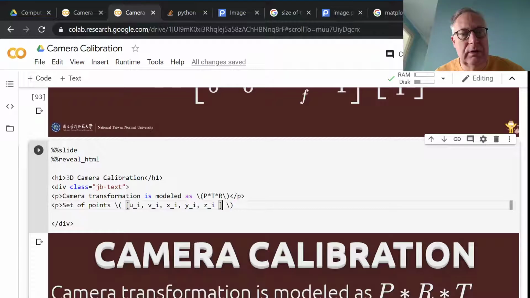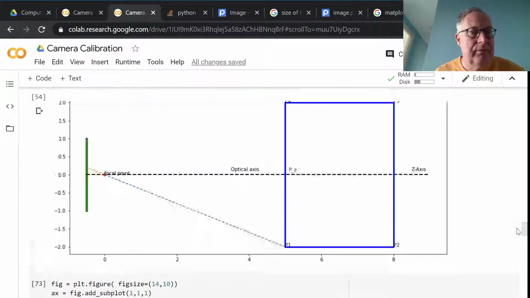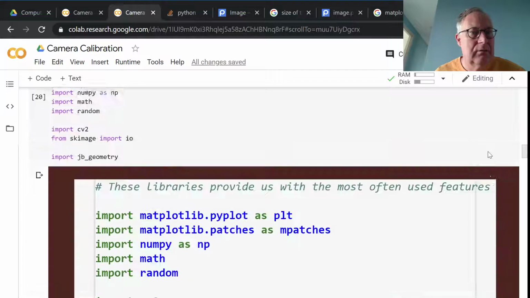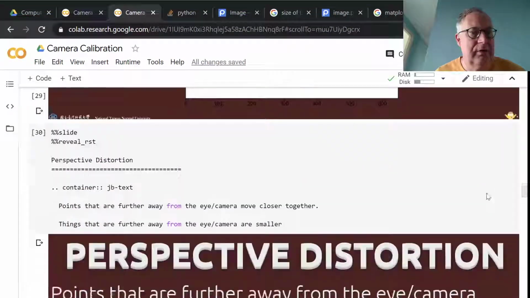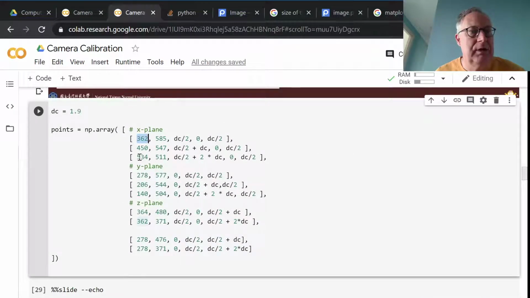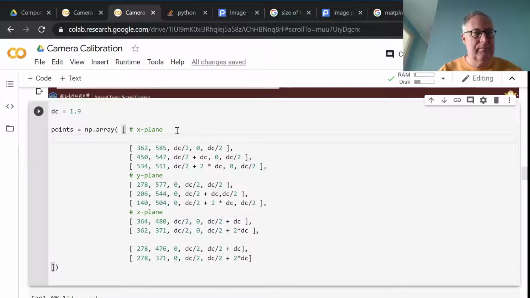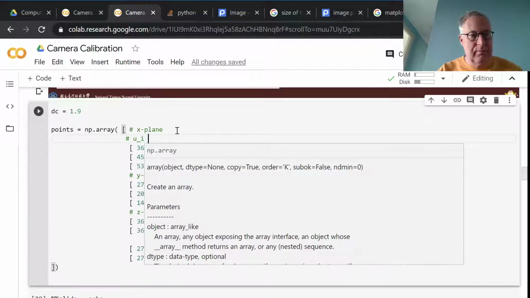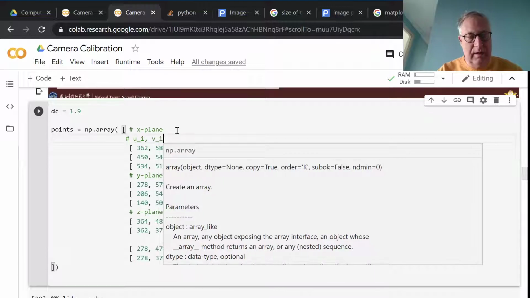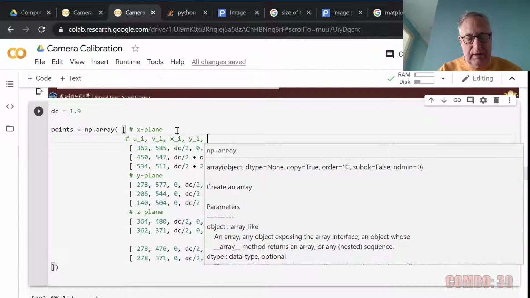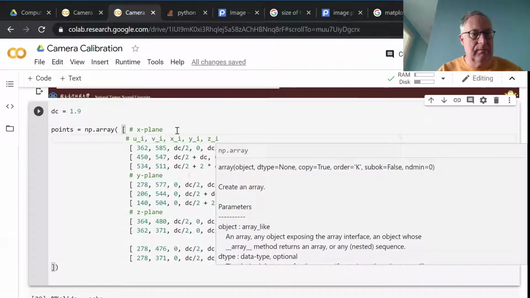So if you checked before, where we defined the points, this would be it, right? This would be ui, vi, xi, yi, zi.